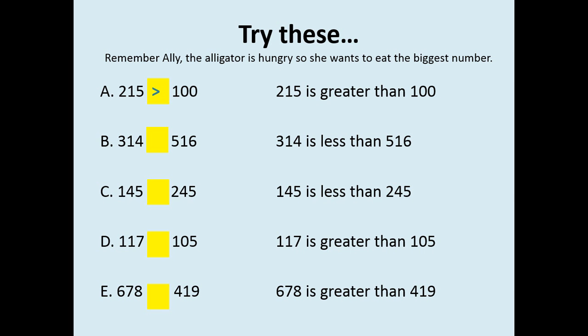Take a look at letter B. 314 compared to 516. Take a look at the hundreds place value. I can read 314 is less than 516. So Ally the alligator will eat 516.